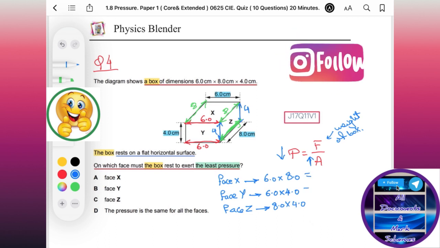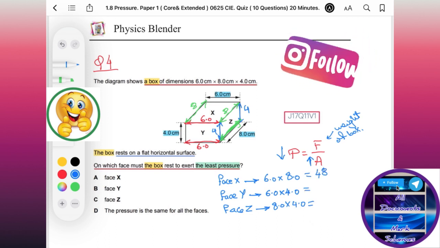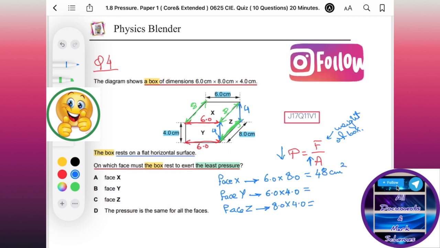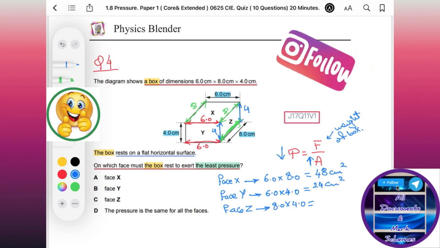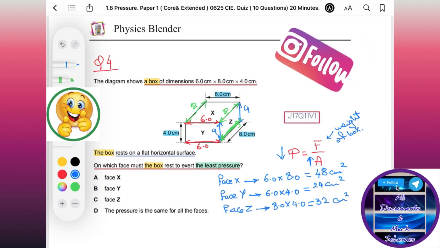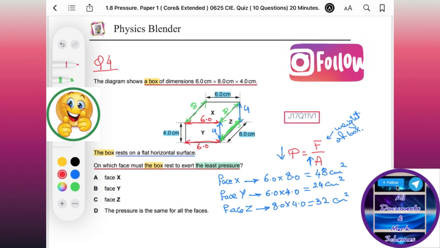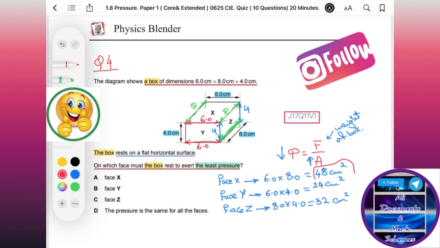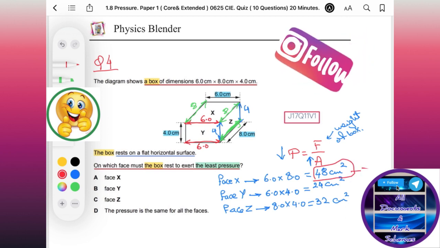Check your answers. The first one 48 square centimeters. The second one 24 square centimeters. Third one 32 square centimeters. You are looking for the greatest area. So the correct answer is face X.